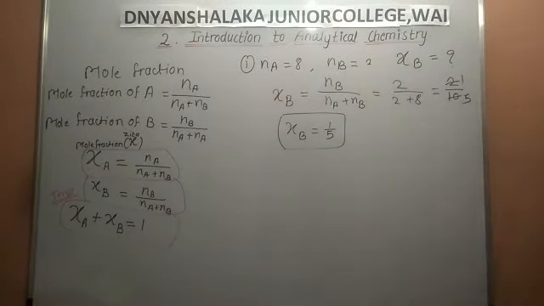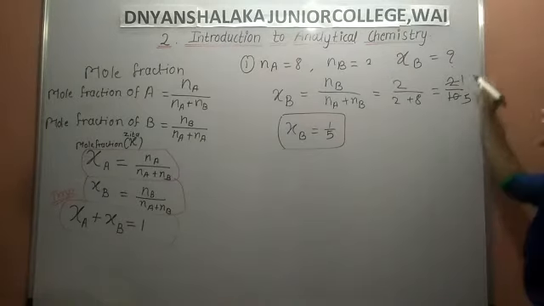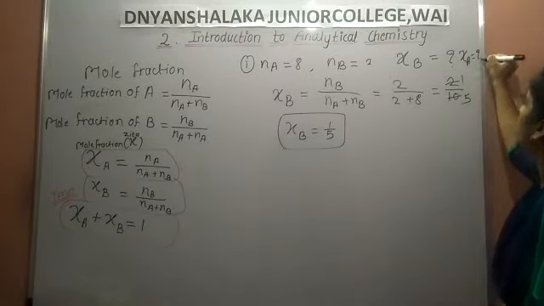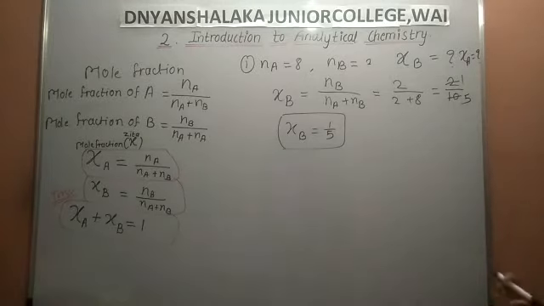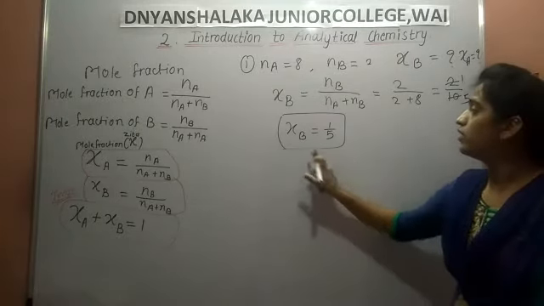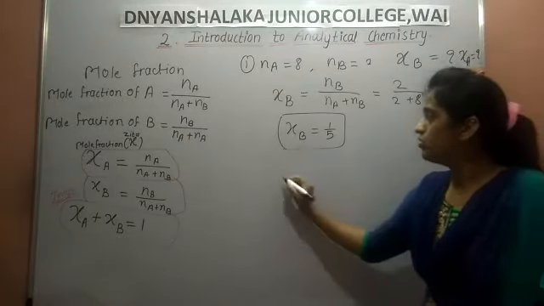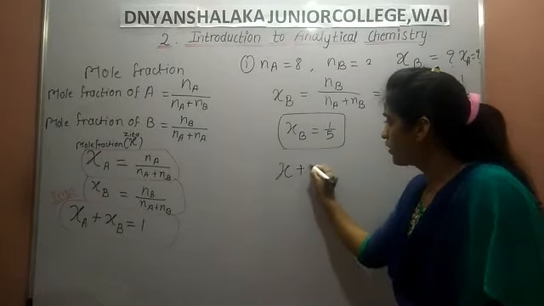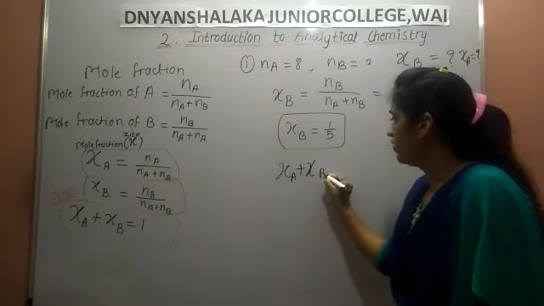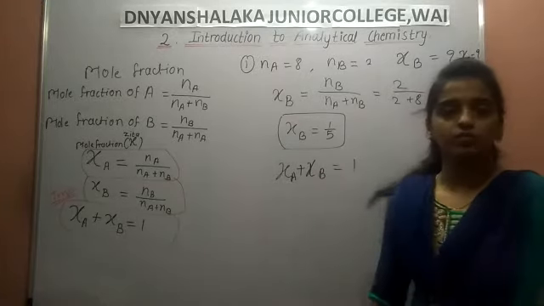And in the same example, we find the mole fraction of A component. In the first part we calculated the mole fraction of B component. So using the third formula, we also calculate the mole fraction of A component.